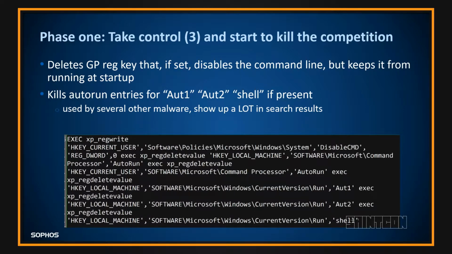It also goes through the registry looking for certain auto-run entries that I'm not really familiar with. They have names like AUT1, AUT2, and shell. Presumably, these are auto-runs set up by other attackers who try to get into servers. The people behind this recognize that there are competitors who may have broken into the machine before them, and they eliminate all the competition.